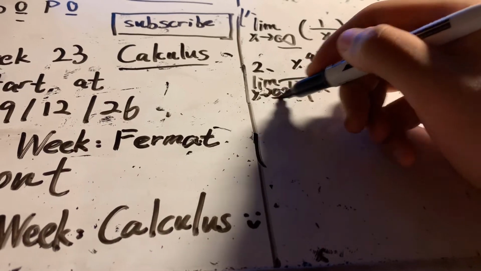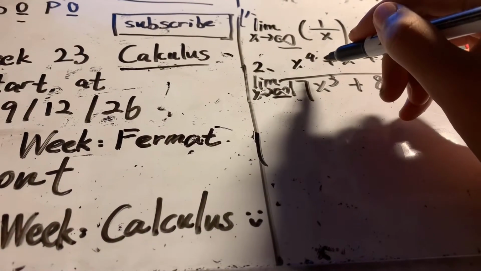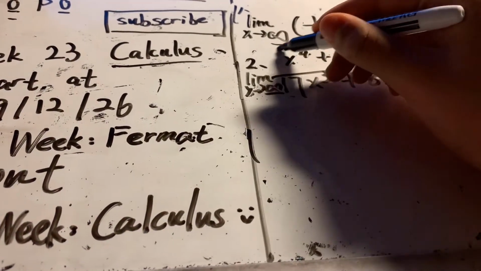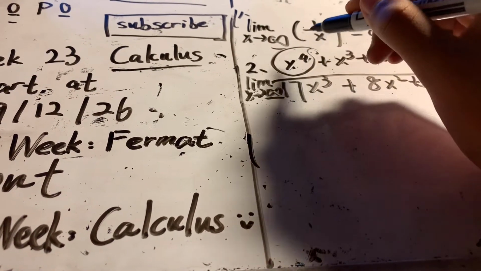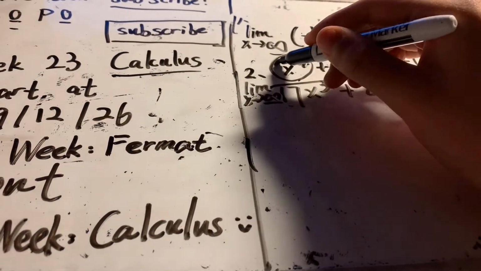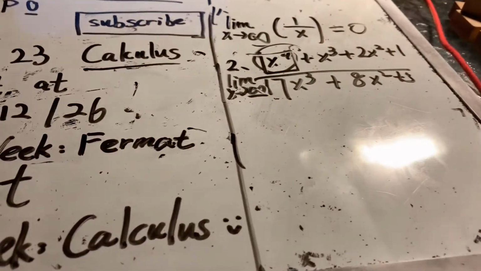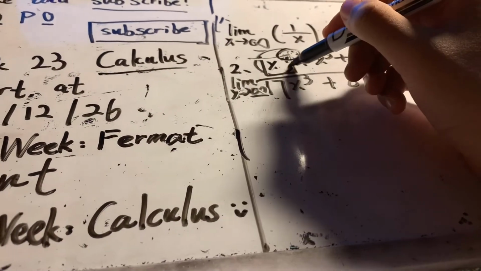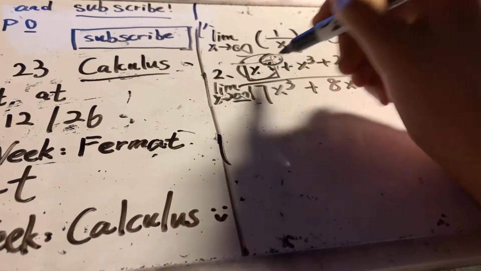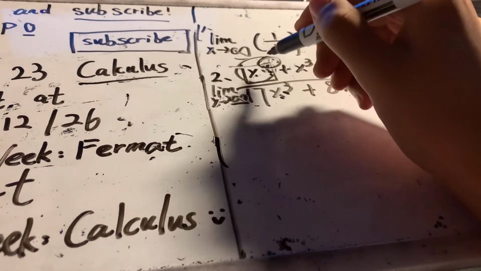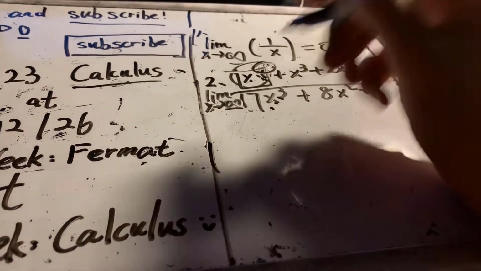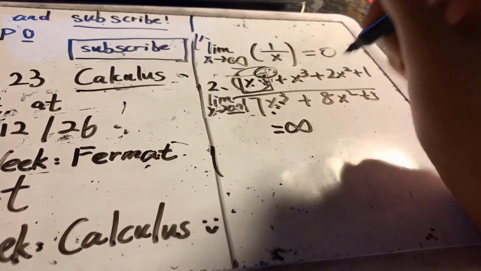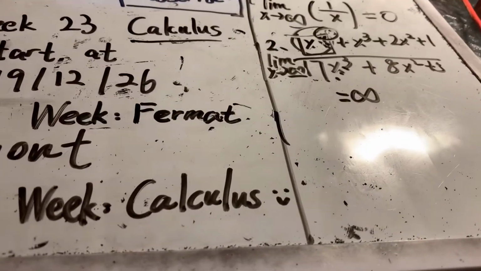When it's at infinity, you need to remember that the exponential growth with a larger power will always grow faster than the other one, so it must be equal to infinity.